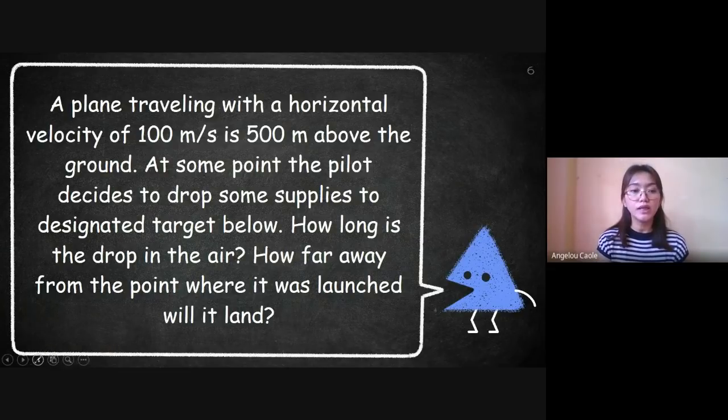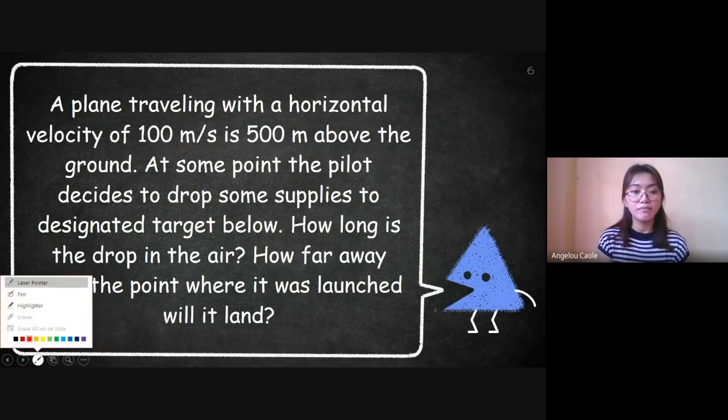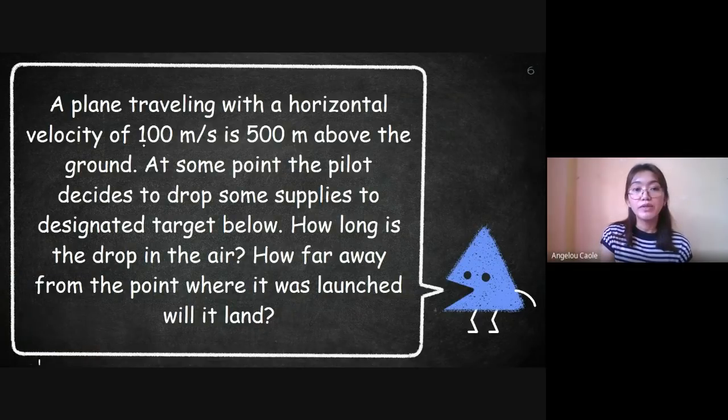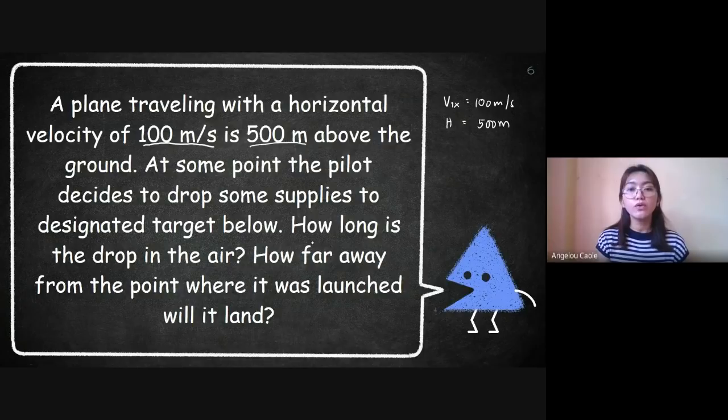From the given problem, we have 100 meters per second as your horizontal velocity, that is Vix, and you also have 500 meters, which is the height. Now we are looking for the how long, pertaining to time, and the how far, pertaining to range.